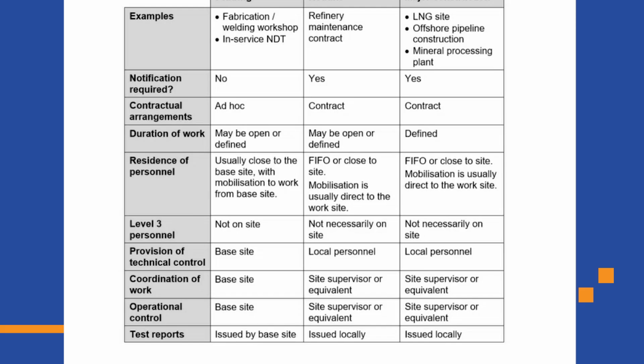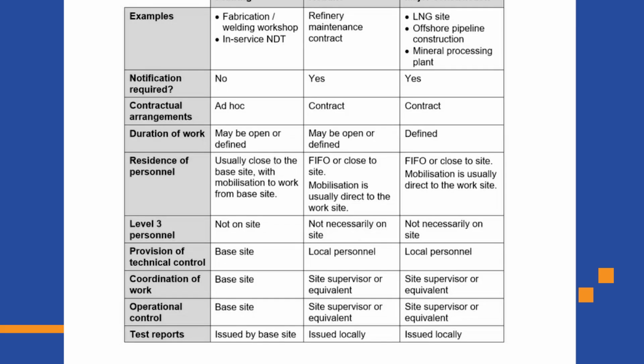So the first, jobbing work, covers basically ad hoc short-term callouts for non-destructive testing that is performed at a client site. In these cases, the work is usually managed and controlled totally by the base site. The personnel have regular interaction with the base site staff and normally mobilize to the job from the base site.